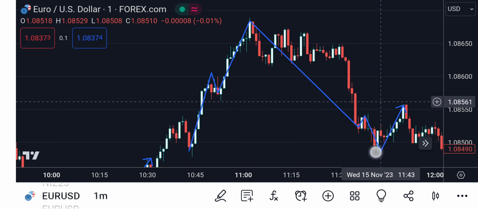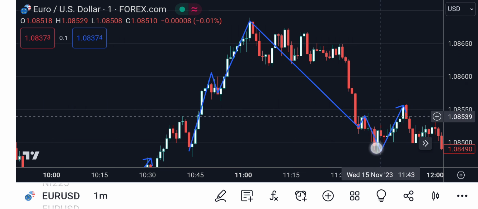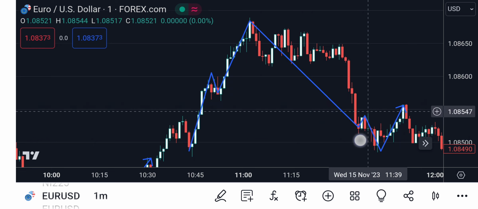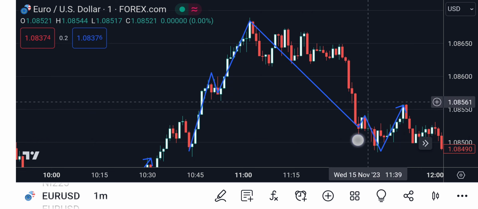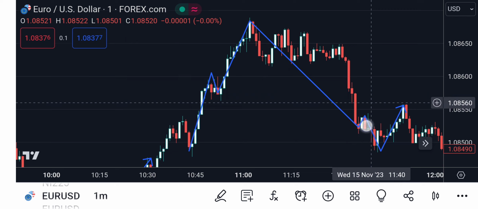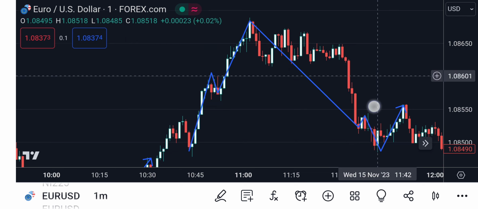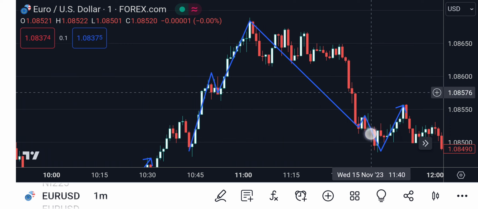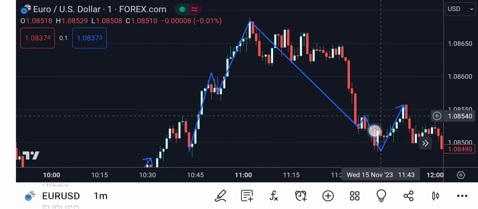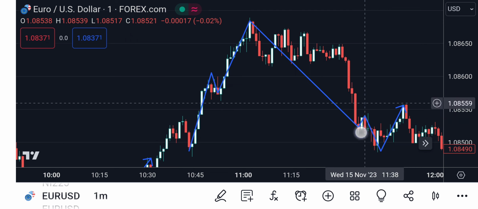So I'm either gonna take it on this red one here because it broke and closed below these candles. This one didn't close below it; it failed. It just closed here, and then the market was playing around, so I'm not gonna take it here. I want a strong movement to the downside and a close. If it's here, I see that, oh, it's a bit too far from my candle.